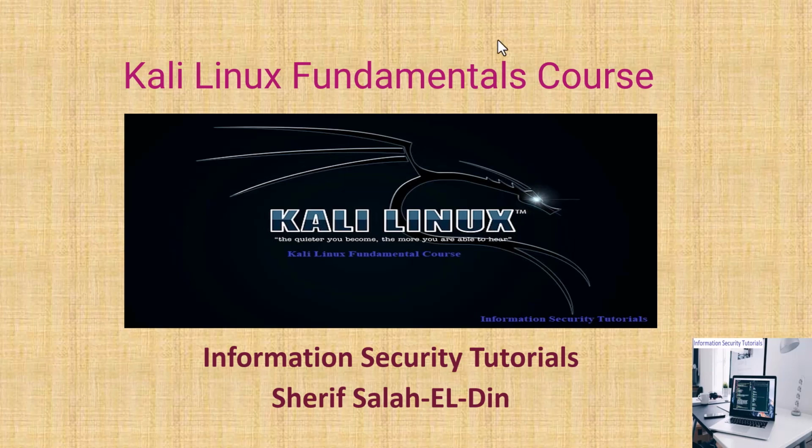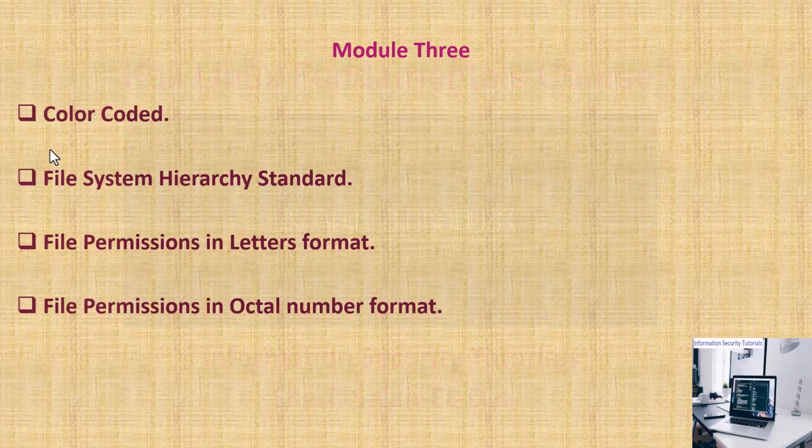We will talk about module 3 today. We will discuss the color reference in Kali Linux, why we see some objects in blue and others in green and so on, and what is the difference between these colors.